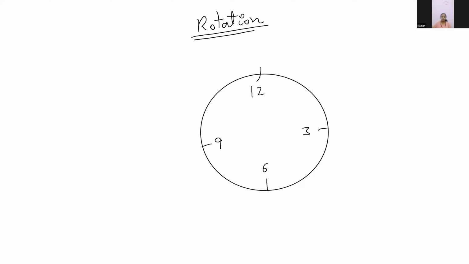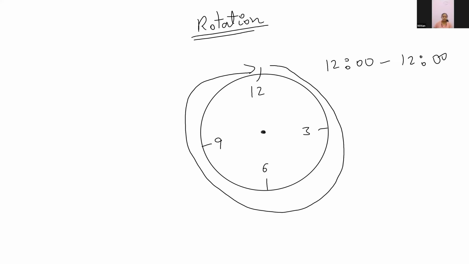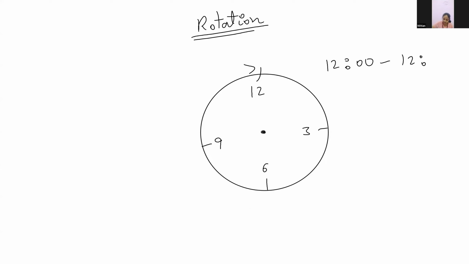Now, if I say that my minute hand in a clock starts from 12 and goes all the way to 12, means it starts from here and takes around till here, this is known as complete rotation.